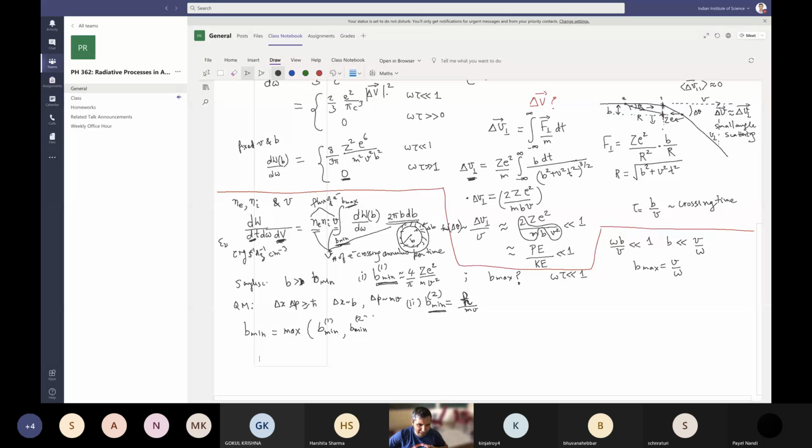Basically, what it means is that you should apply this integral only when your B is larger than both of these. So the integral should be cut off at the larger of these two impact parameters. Okay.